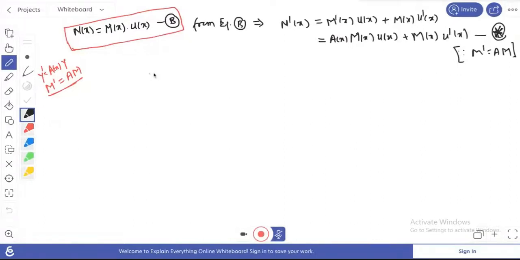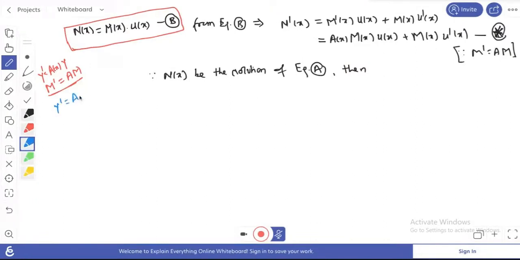Since our Nx is the general solution of our system of non-homogeneous equation, that is A, and what is your non-homogeneous system? Our non-homogeneous system is Ay plus something B. If this is the solution of that, then it satisfies this relation.